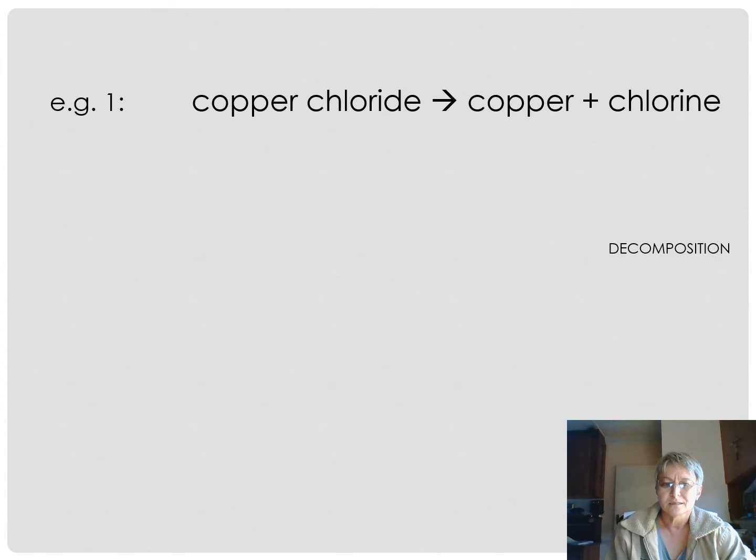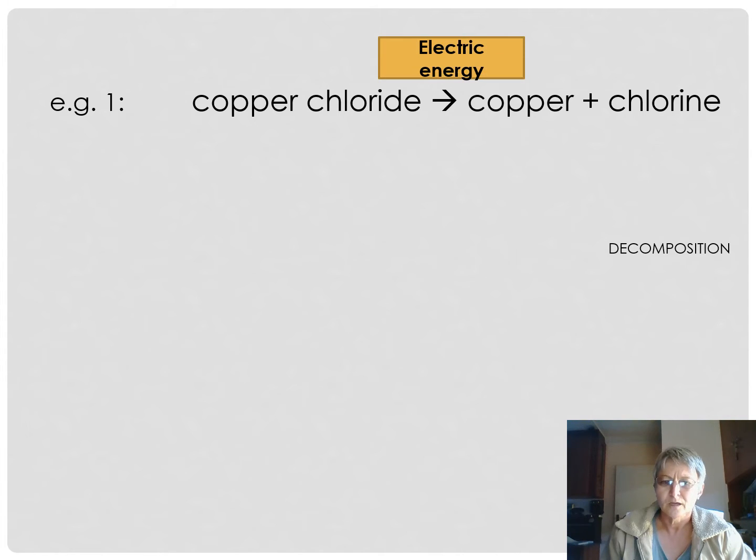And the copper chloride is broken down into copper and chlorine, so the two elements are separated. So this reaction is called a decomposition reaction. For this reaction to occur, we need electric energy. So energy is put into the copper chloride to break it up.